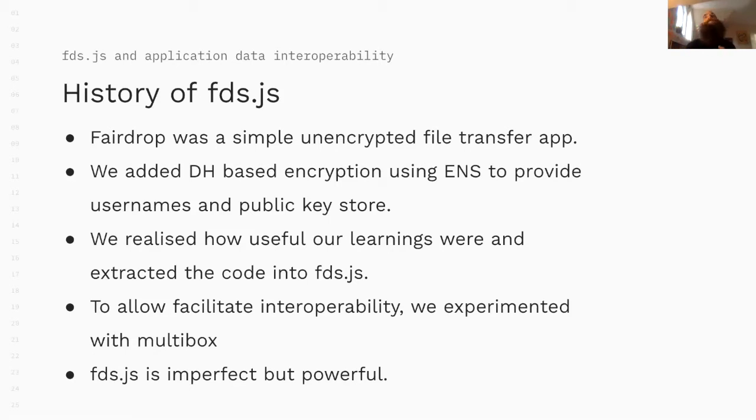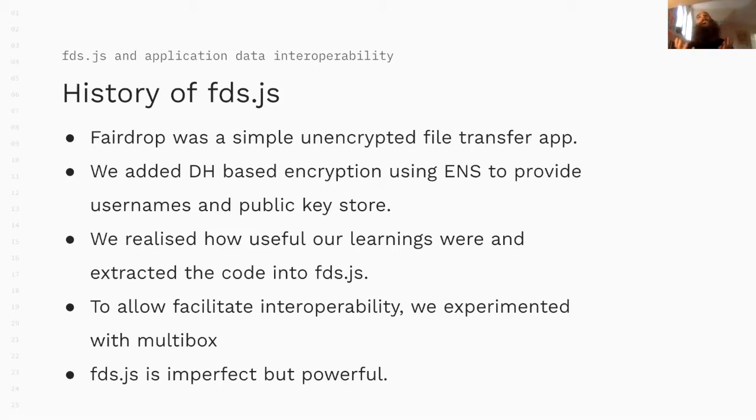Then after a while, we started developing other applications on FDS.js, and we realized that we needed to add something that enabled us to have different mailboxes, essentially, for different applications. We made a chat application called Chatty, and after those messages started showing up in Fairdrive, we realized, oh, we've kind of got something here.